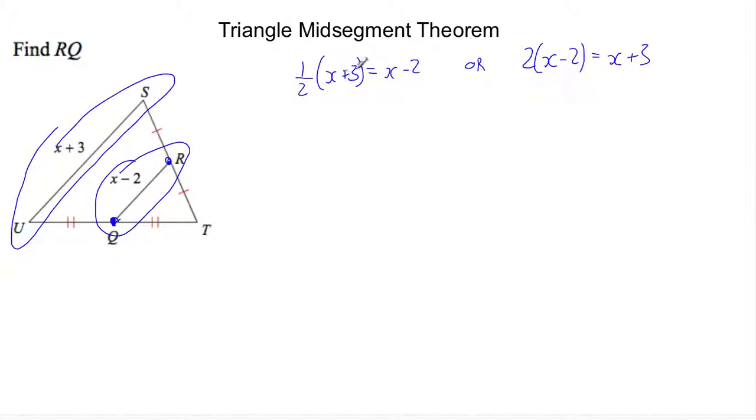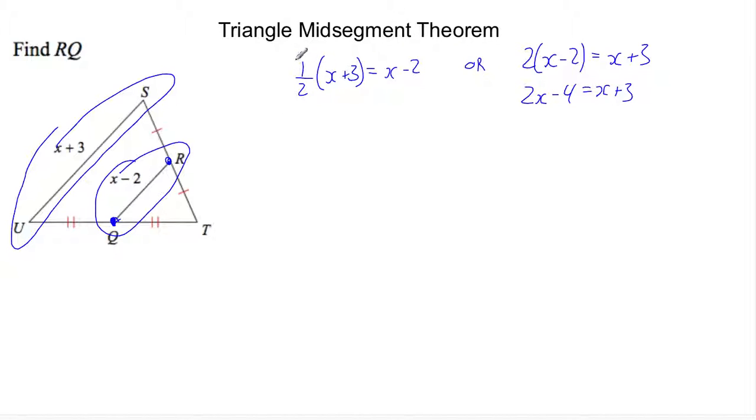Now both equations will give you the same answer, but I know for some of us we see this fraction and we panic. So if you want to avoid the fraction altogether, you can solve like this, and what we get is 2x minus 4 is equal to x plus 3.